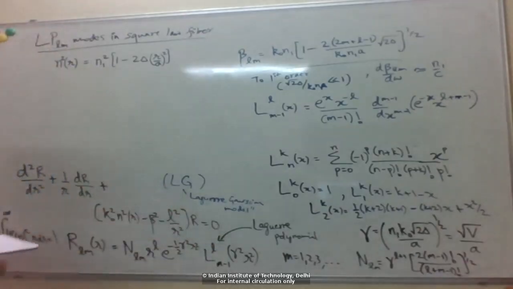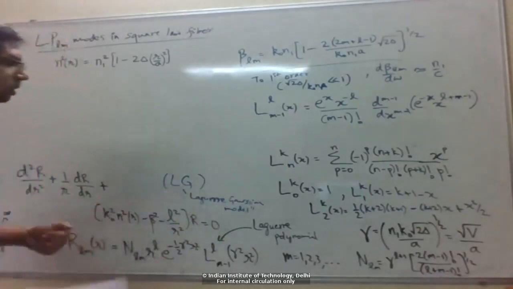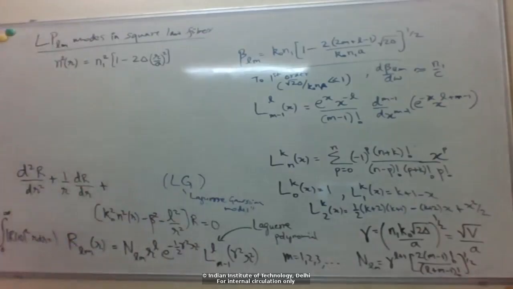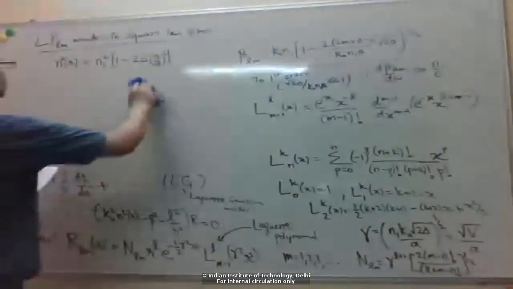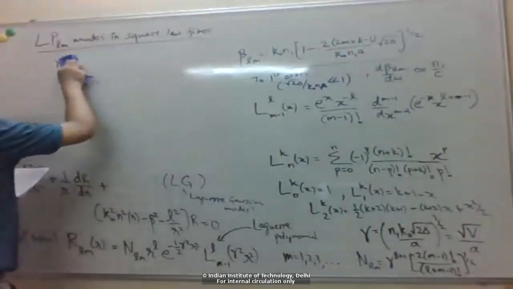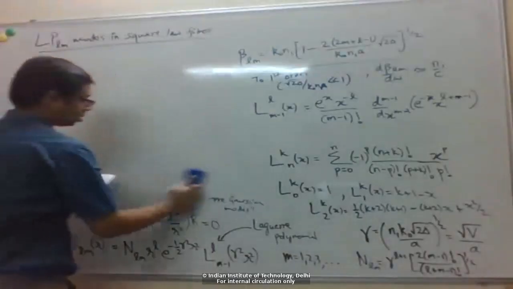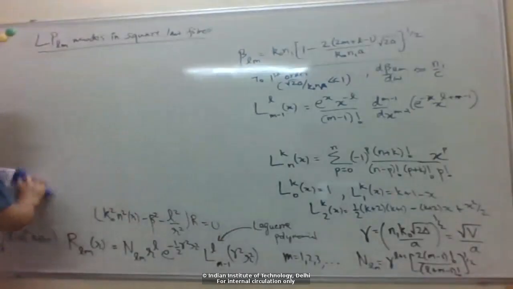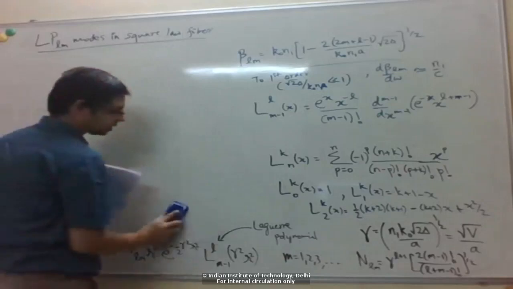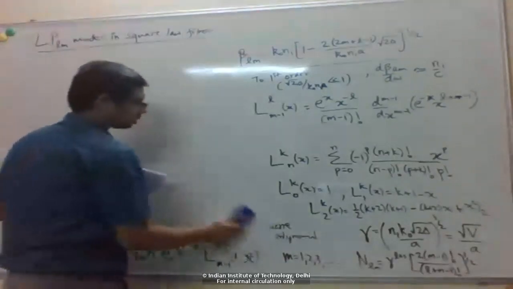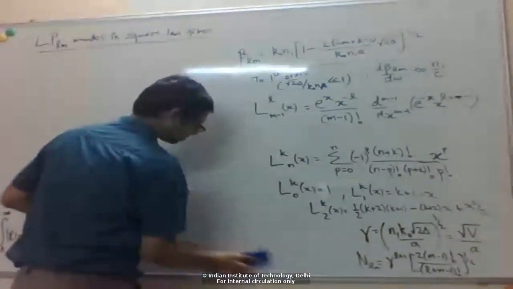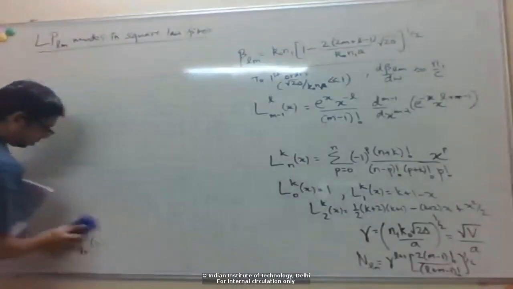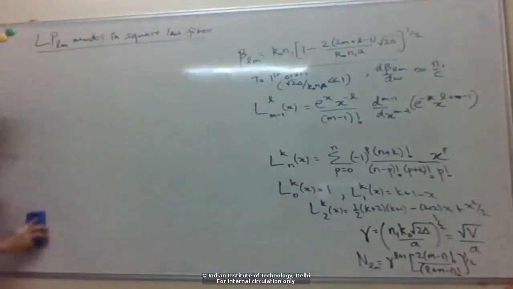But in a gradient index fiber, the mode solutions are automatically this. Only if you plot the exact functions will there be a slight difference, but qualitatively they look the same.